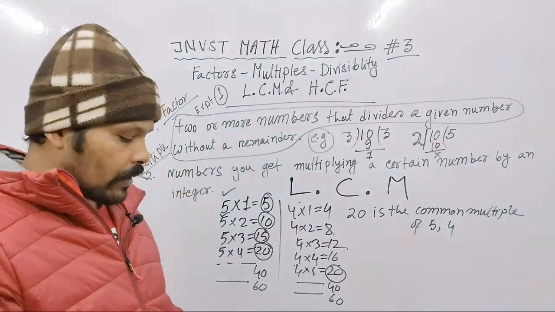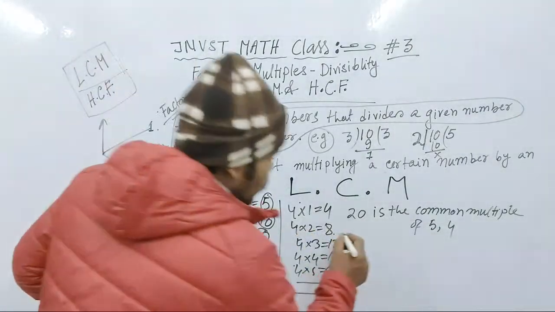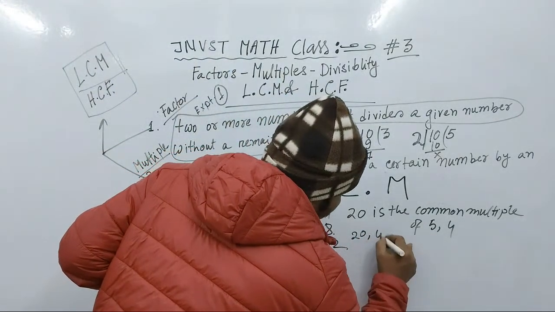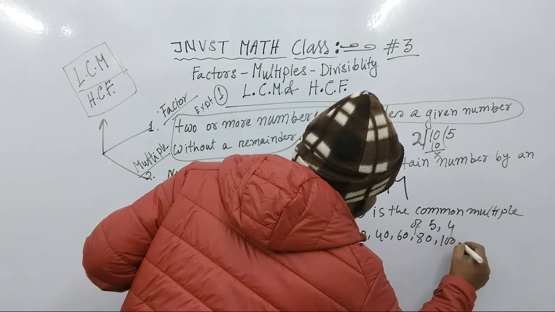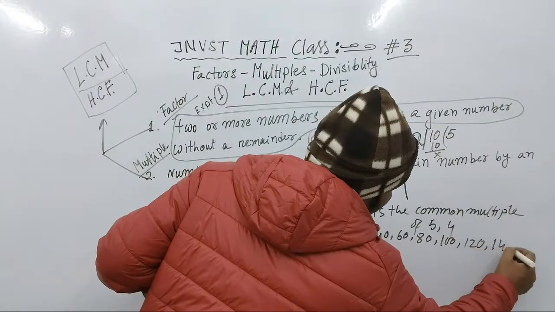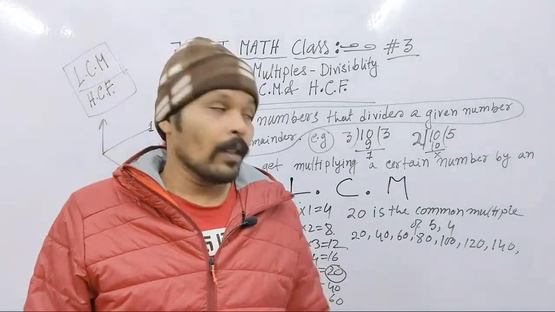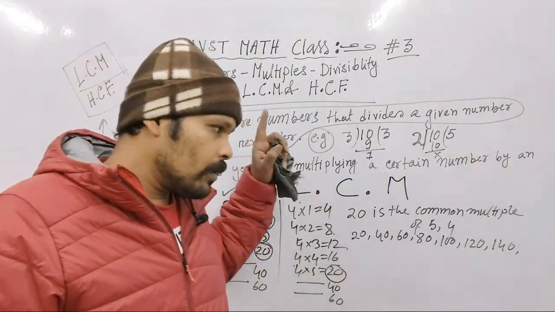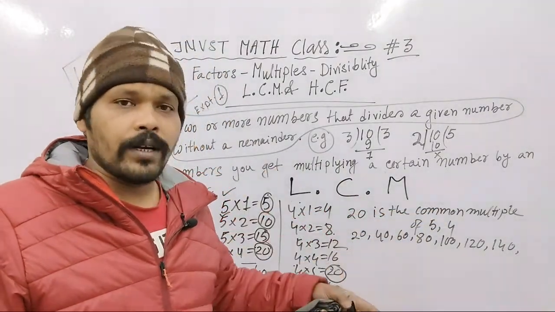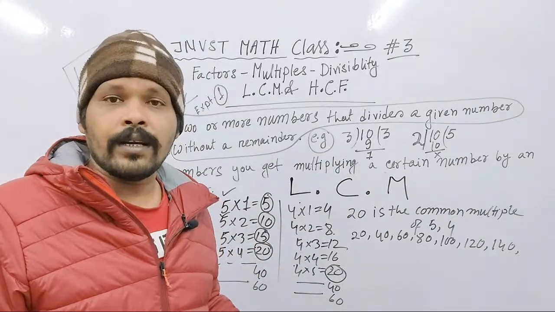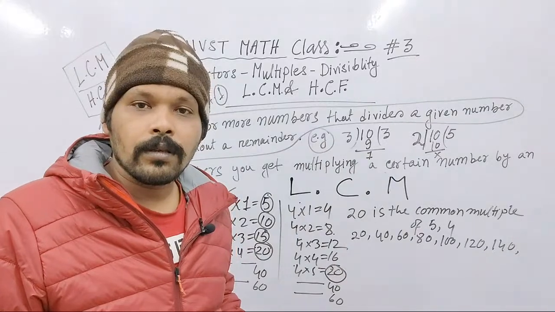The common multiples of 5 and 4 are 20, 40, 60, 80, 100, 120, 140. So many common multiples we will get. We will get 100, 200, 300, 400, 500, 1 crore, 100 crore common multiples.